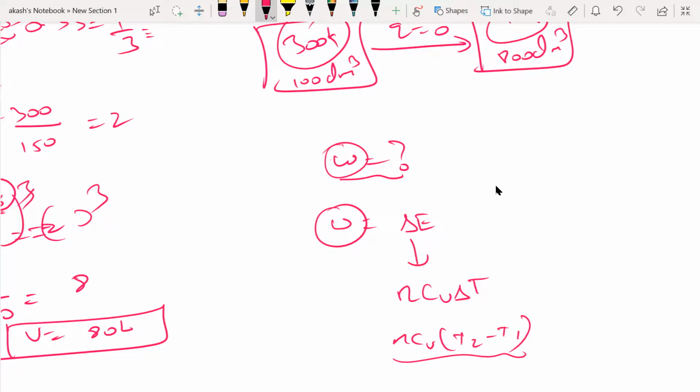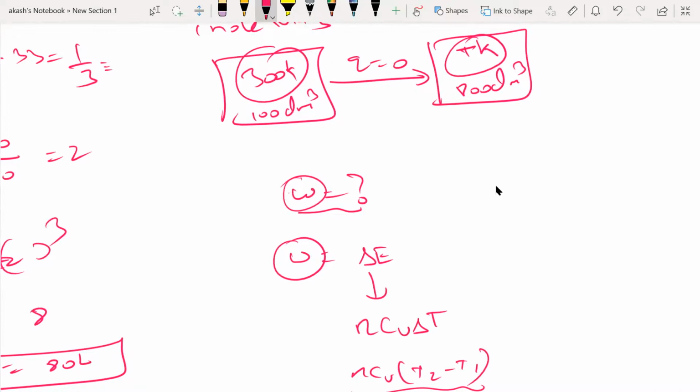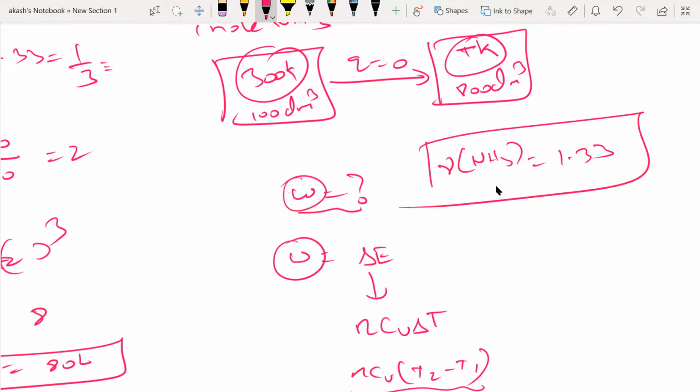Sir, here we use 7/2 R, right? For Cv, you can directly use the gamma value. This is again a polyatomic gas. Gamma value of ammonia is again 1.33. That's it.